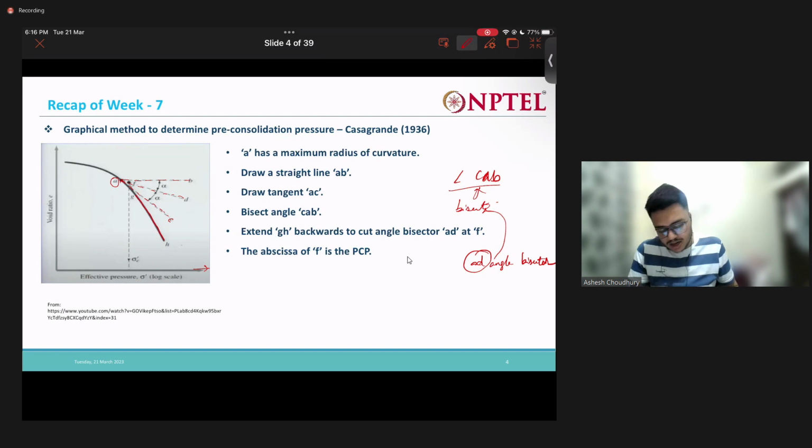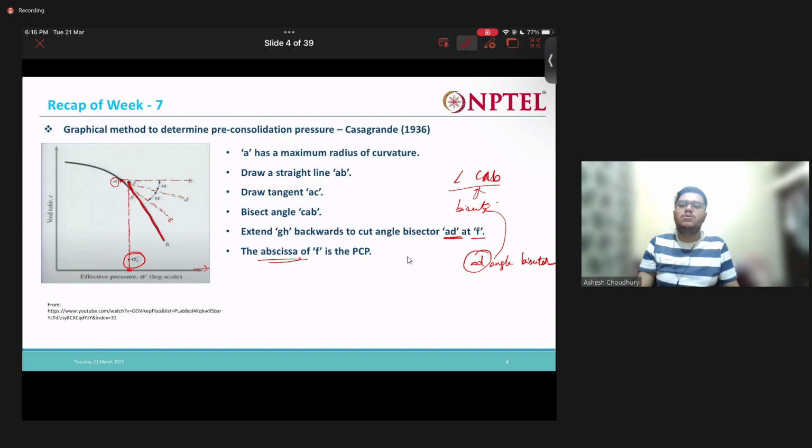We extend this straight line backwards to intersect the line AD at F. Then we find the abscissa of this point F, that is the x coordinate, which will give us the pre-consolidation pressure.